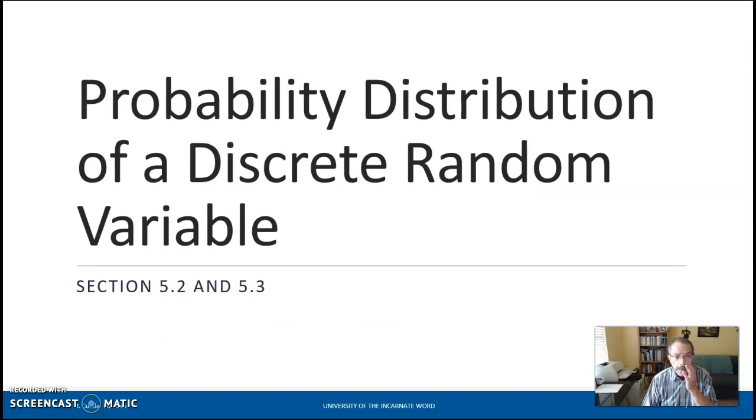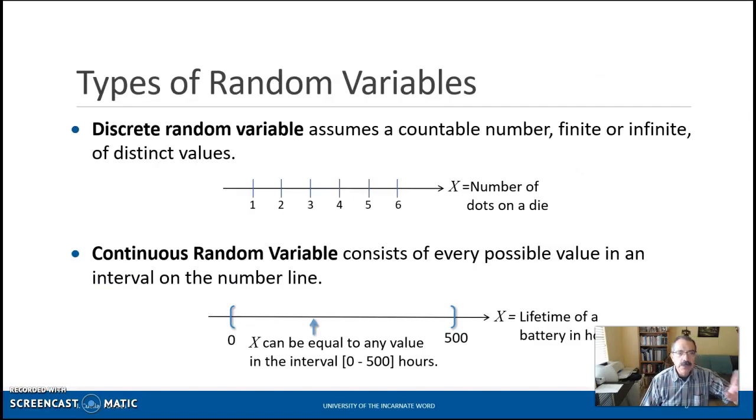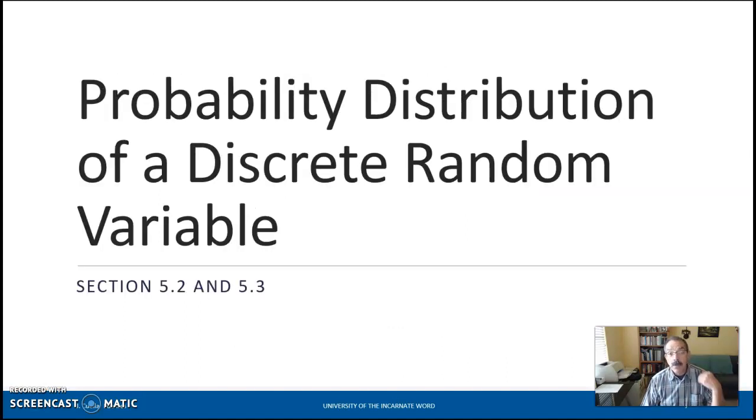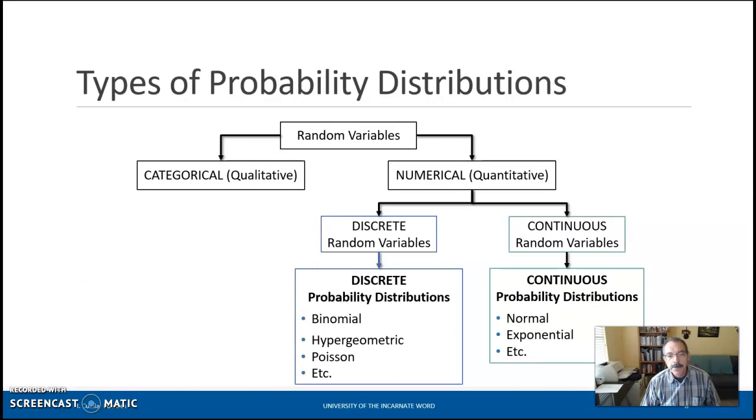All right, now we saw what a random variable is and the types of random variables, discrete or continuous. Now let's talk about the probability distribution of a discrete random variable. I put here the diagram that I mentioned before. We saw this in chapter 1, except now I'm talking about discrete and continuous random variables.